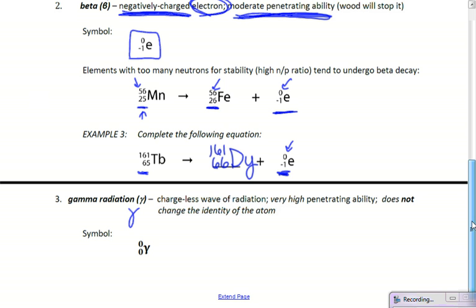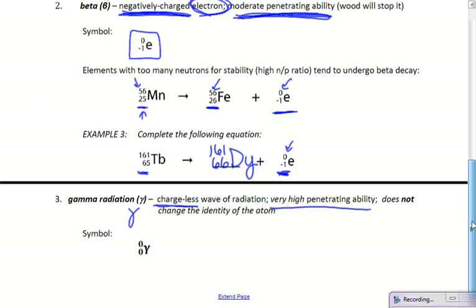And it is chargeless. There's no charge. It's not positive. It's not negative. It's just a wave of energy, and it has very high penetrating ability, okay? Things like lead might stop it, but it can go through most things. And this is the one that's going to be harmful to your DNA, okay? It can cause mutations and things like that.